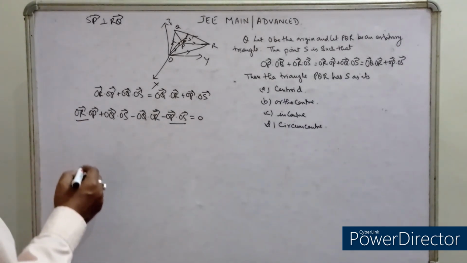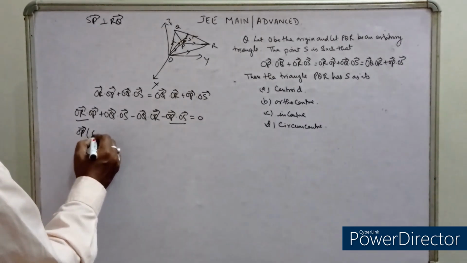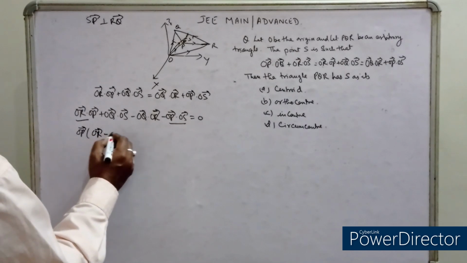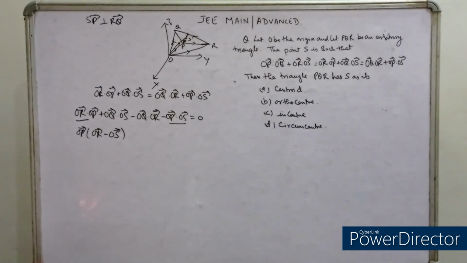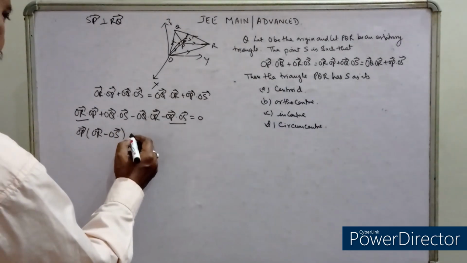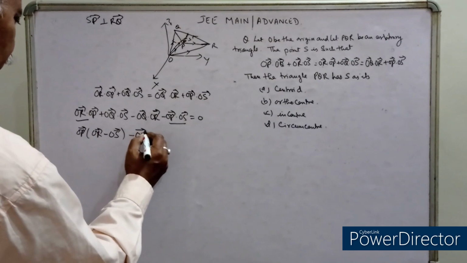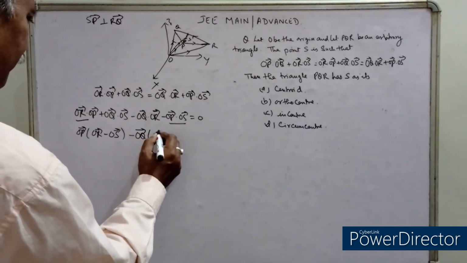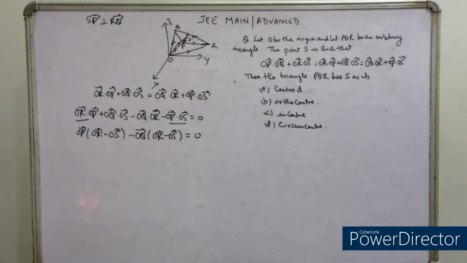So here your OP vector, that is OR vector minus OS vector, and again here if I take minus OQ vector, so this will be OR vector minus OS vector, and this is equal to 0.